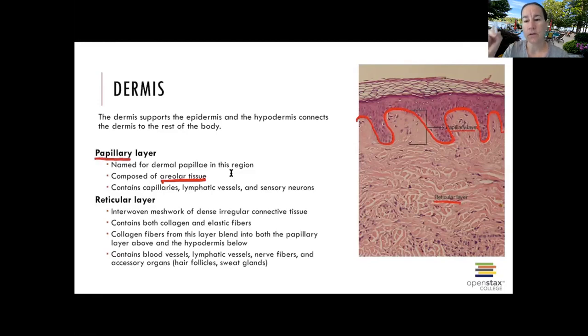And then underneath those bumps, underneath those papillae, is going to be the reticular layer. And both of these layers are parts of the dermis. So the dermis: papillary layer, reticular layer. The reticular layer is going to have the dense irregular connective tissue. So I was telling y'all that you can see the collagen fibers in dense irregular because they're going kind of all over the place. When we were talking about dense regular, they were all in one line, right?